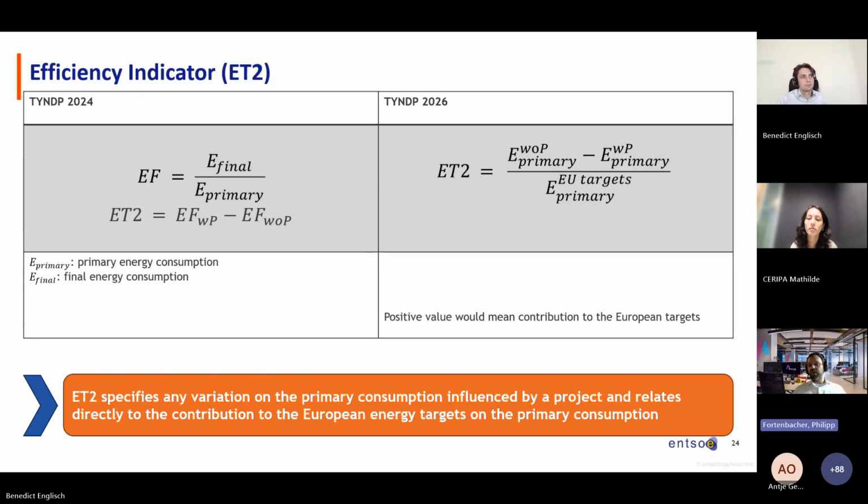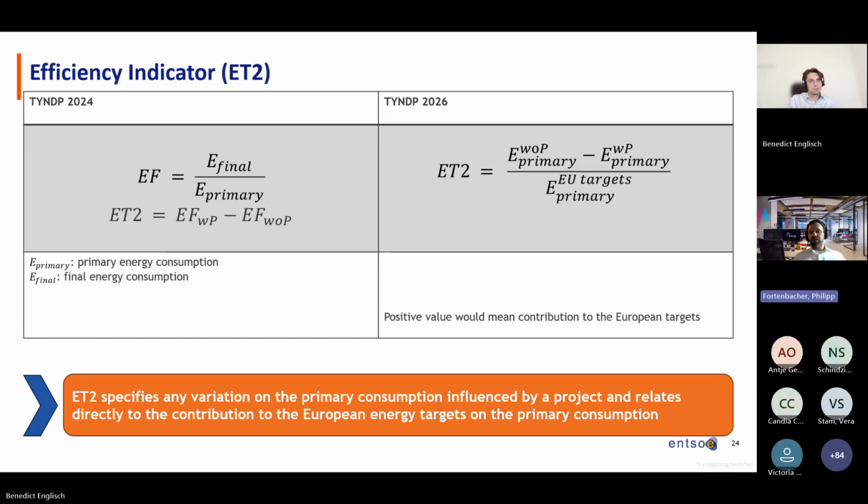With the primary energy consumption with the project, which is typically lower, because we can integrate maybe more renewables directly, and we don't have efficiency losses along the energy system. That's why it could be lower. And if we then calculate the difference, then a positive value would mean that we have a direct contribution to the European energy targets. So that's basically the first indicator. And it is also the plan that we provide this indicator in the TYNDP as a supplemental indicator.